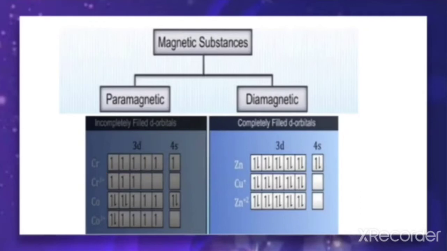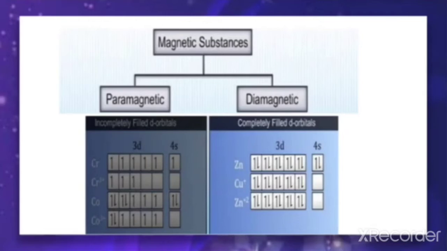When we take the example of cobalt, there are 3 unpaired electrons, but in the case of the cobalt ion, Co3+, there are 4 unpaired electrons. So both are paramagnetic, and the paramagnetism depends upon the number of unpaired electrons.